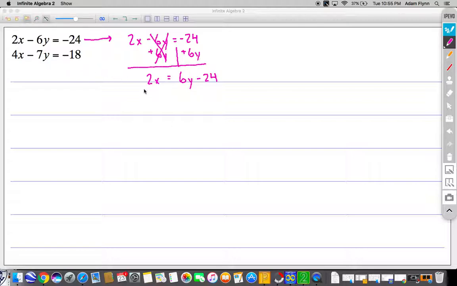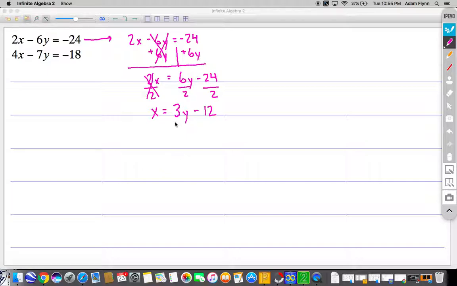So now I'll divide by 2. And remember, we're dividing everything by 2. When we do that, these 2's cancel on the left side, so we're left with x equals 6 divided by 2, which is 3, y, and negative 24 divided by 2, which is negative 12.